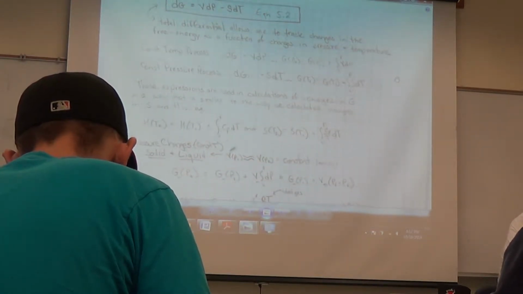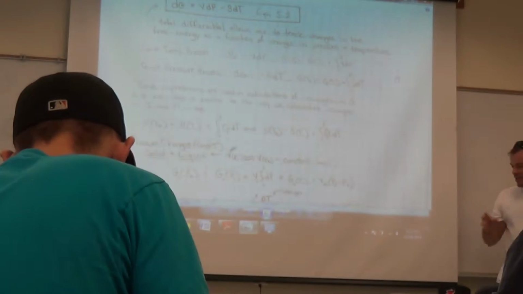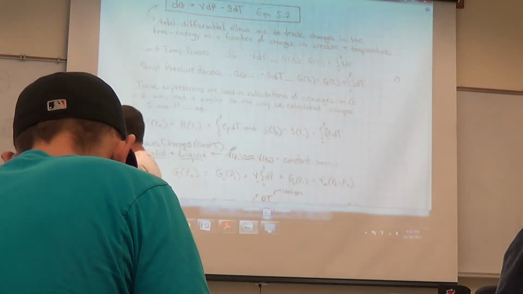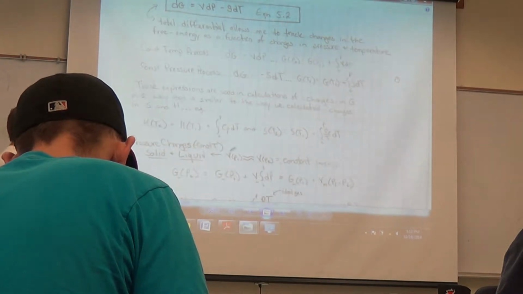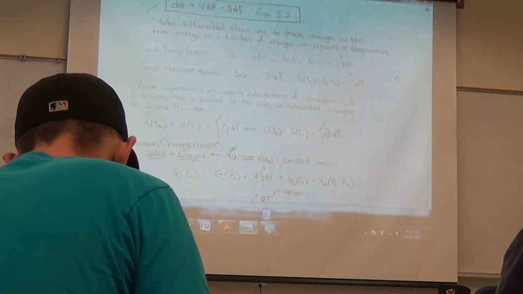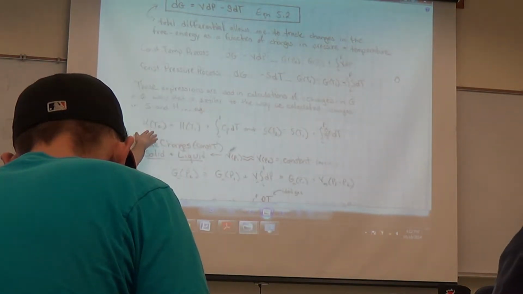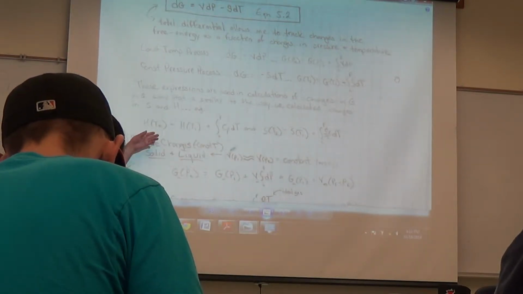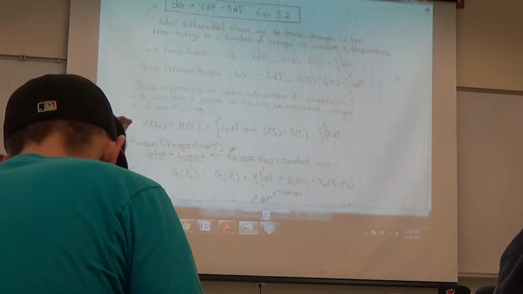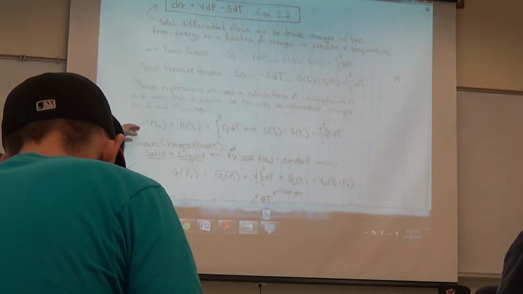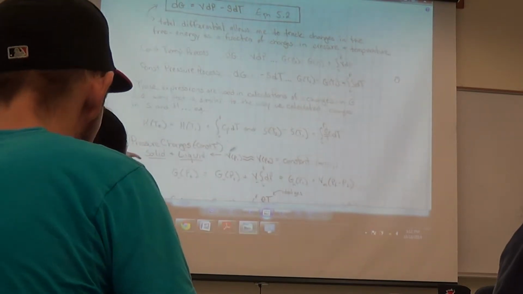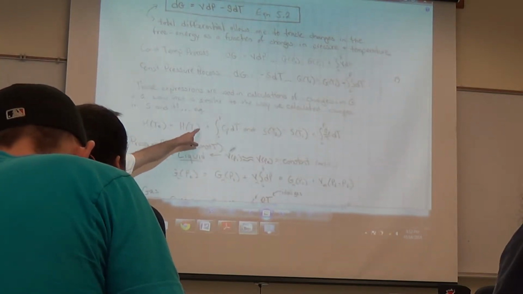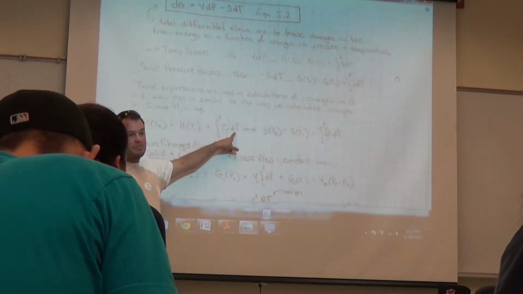I want you guys to start to try to relate the different math techniques that we've been using to the ones that we're going to be using. You remember with the heat capacity, or with the enthalpy and with the entropy, we had these expressions that said that if we wanted to find out the enthalpy at some second temperature T2, then we take h of T1 and add to it the integral of c sub p dt.